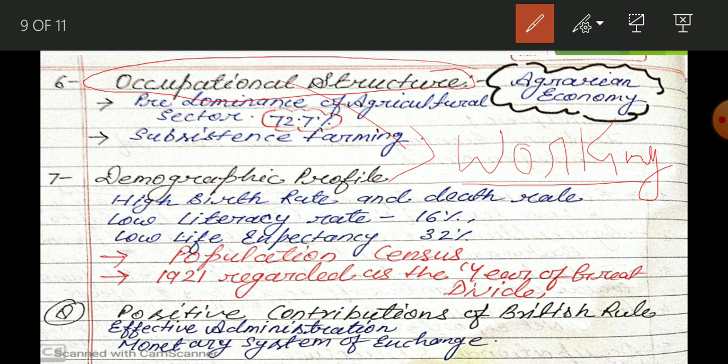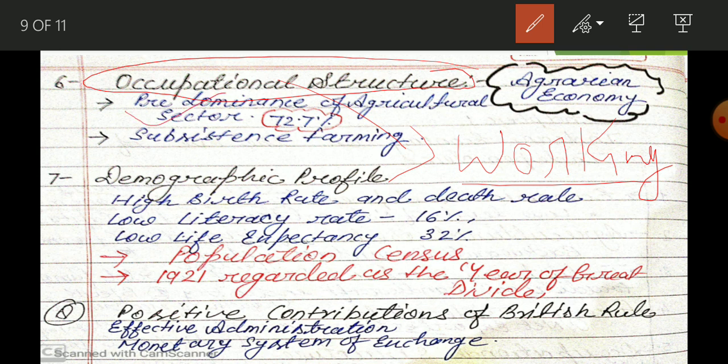In simple terms, if we ask what your occupation is, someone says I am a businessman, I am a teacher, I am a doctor. So occupation is related to the way of earning. What type of occupational structure was there at that time? We found predominance of the agriculture sector.